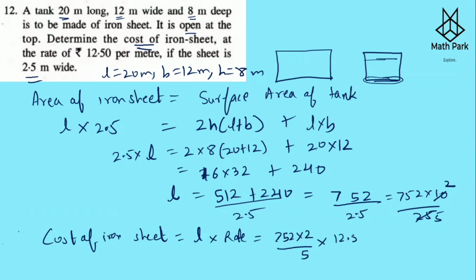So we get 752 into 2 into 125 by 10 upon 5. 5 fives are 25, 2 fives are 10. So 752 into 5, you get this as rupees 3760, the cost of iron sheet required to make the open box.